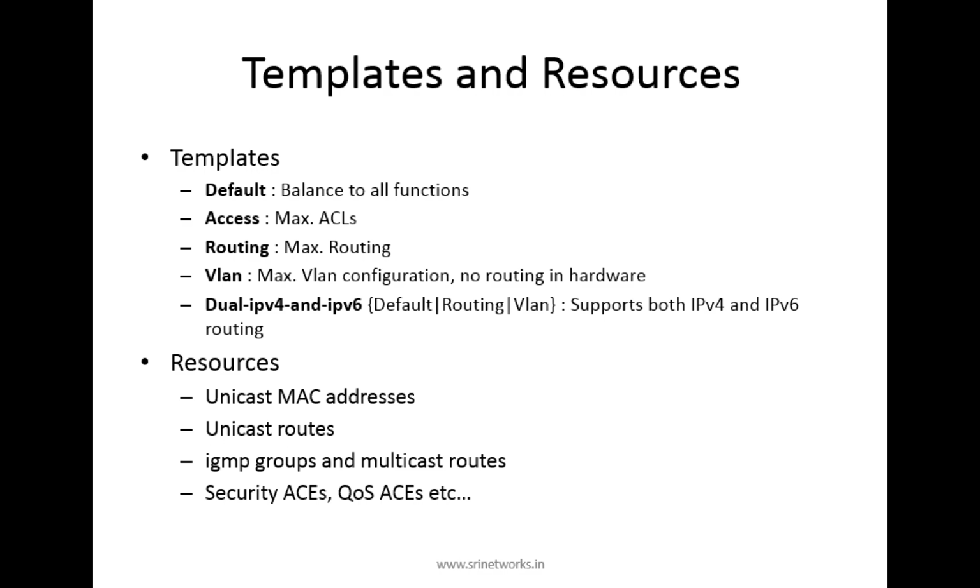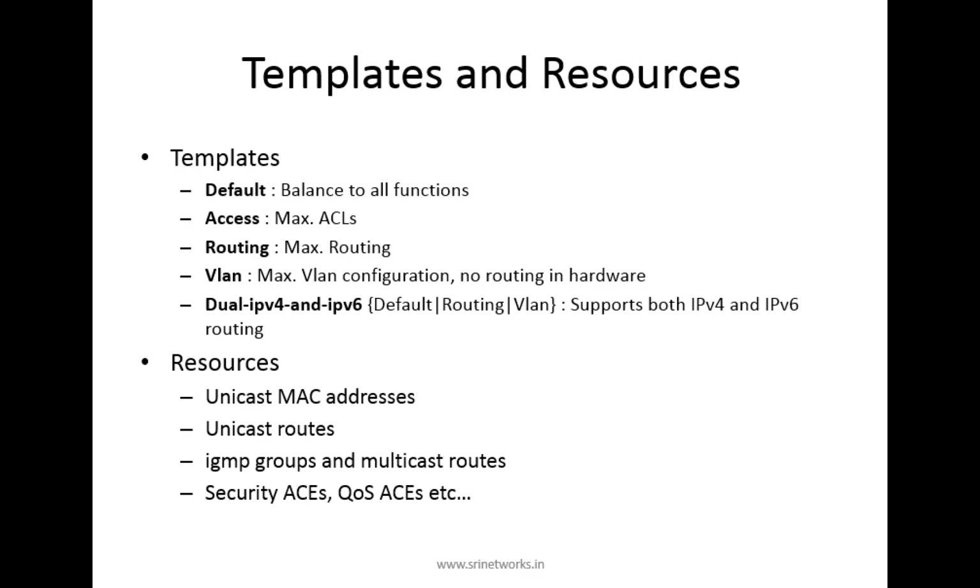The access template maximizes the ACLs, and the routing template maximizes the routing capacity, basically the routes in the routing table, so it can accommodate more routes.